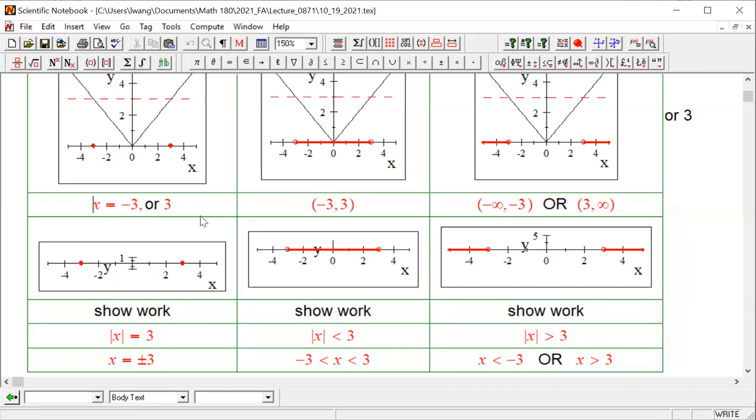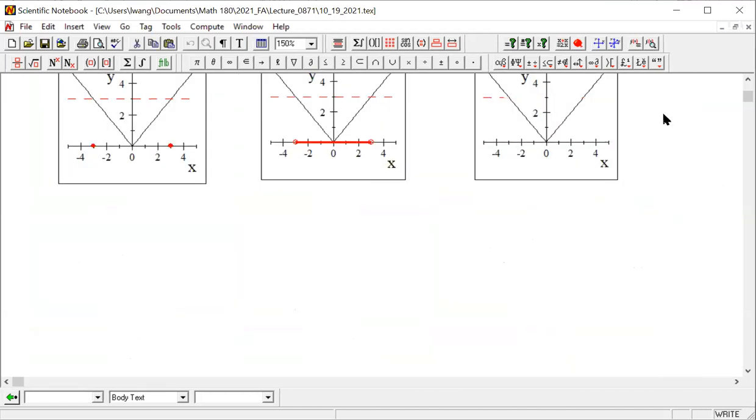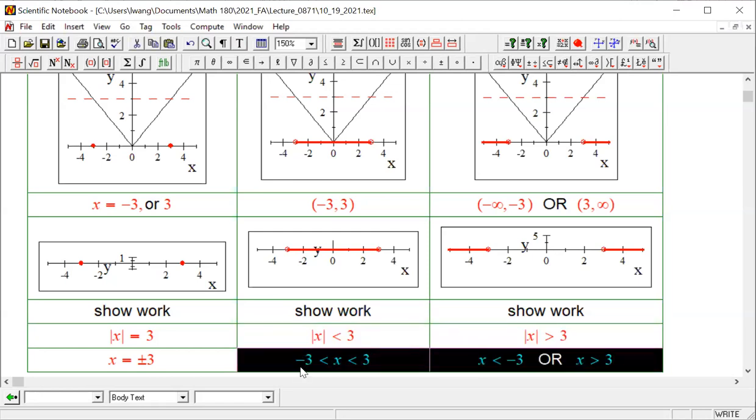If you understand these solutions, you're pretty good. That means you understand what you're doing. But what's interesting is that what's most useful for you is actually the inequality. But this is the place a lot of our students get stuck.